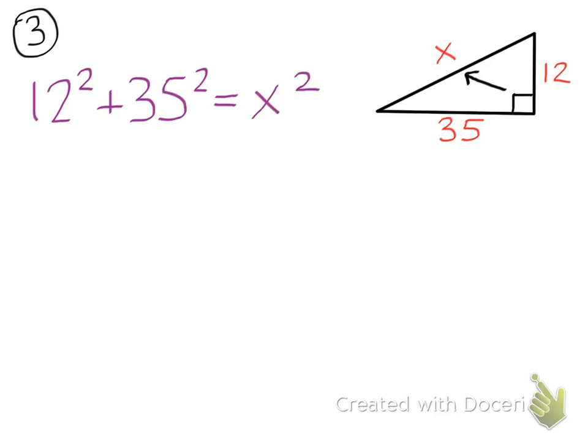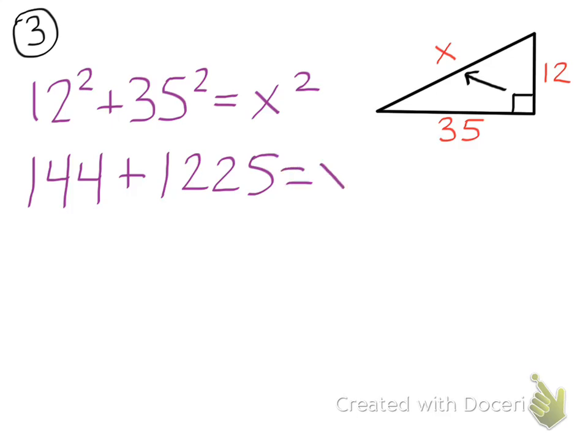And then 12 squared is going to be 144. And then 35 squared is 1,225. And then 144 plus 1,225 is going to be 1,369.